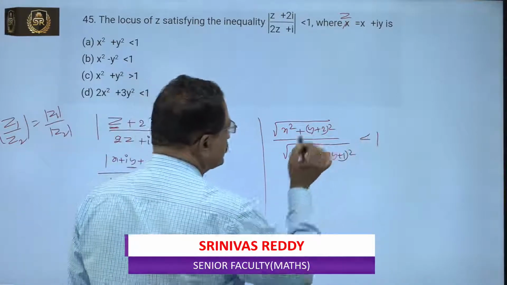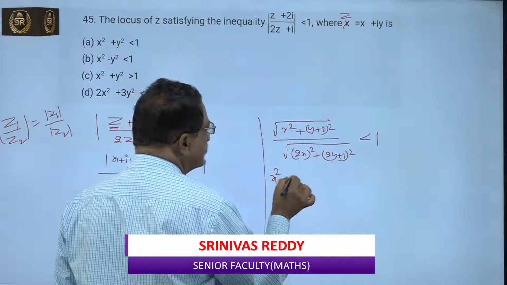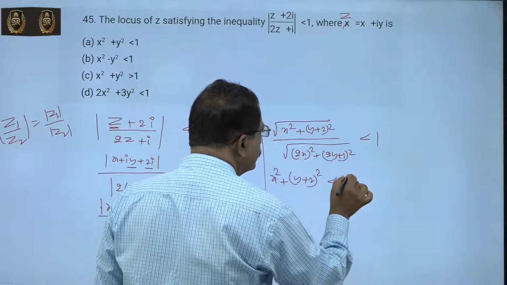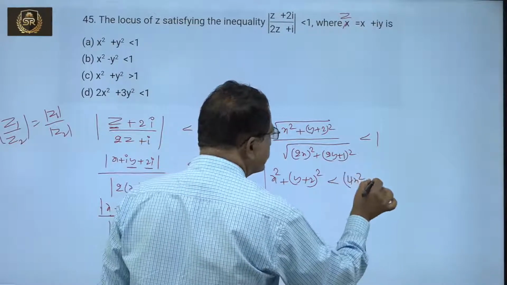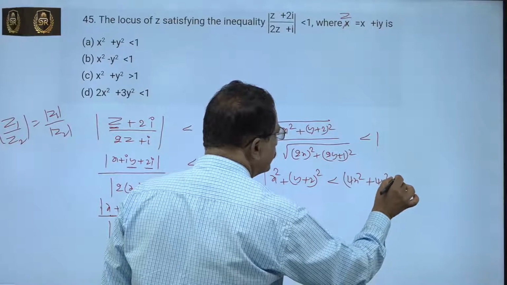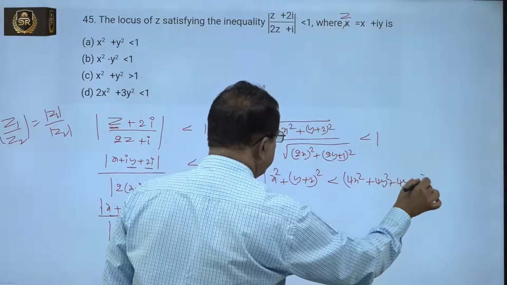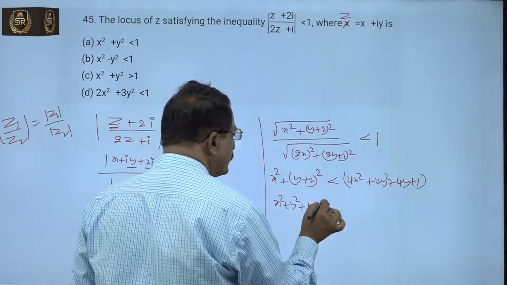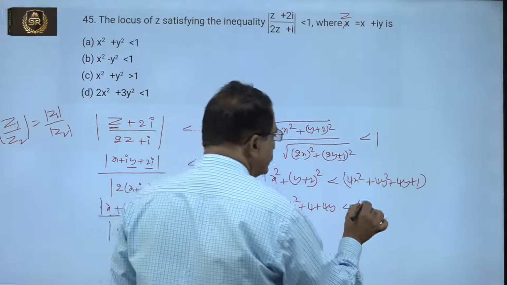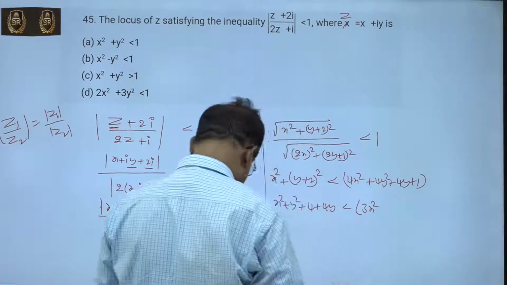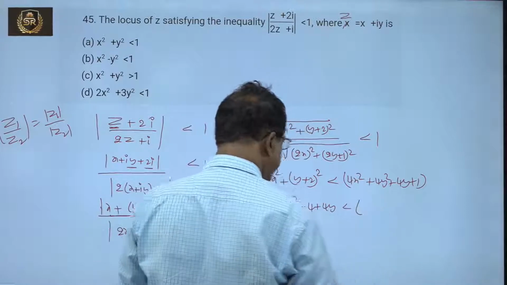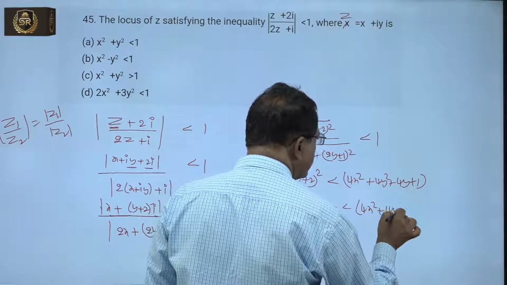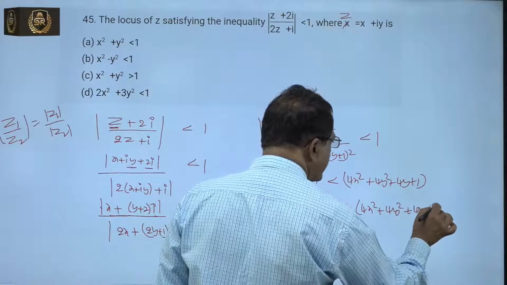Now cross multiply and square on both sides. We get x square plus (y plus 2) whole square less than 4x square plus 4y square plus 4y plus 1. Now x square plus y square plus 4 plus 4y is less than 4x square plus 4y square plus 4y plus 1.